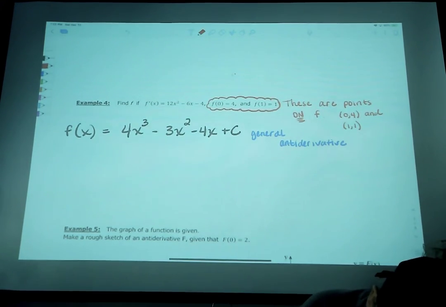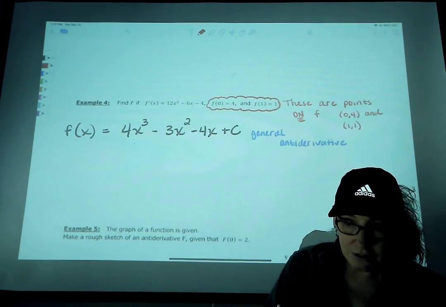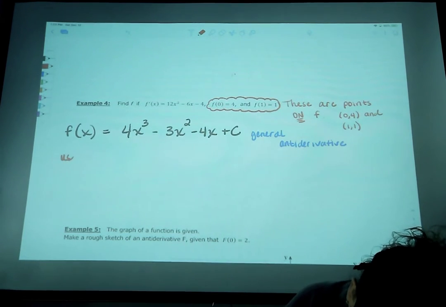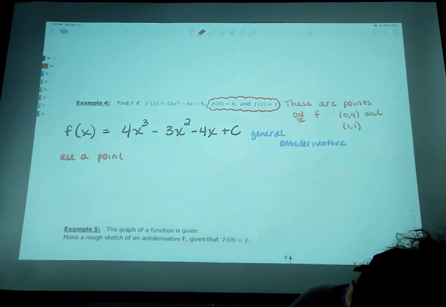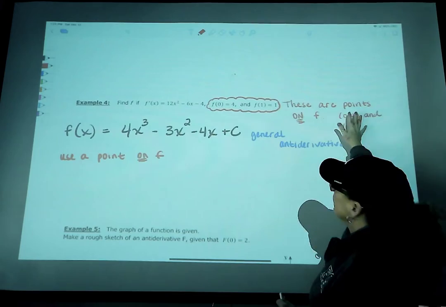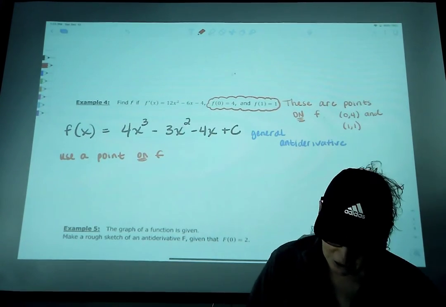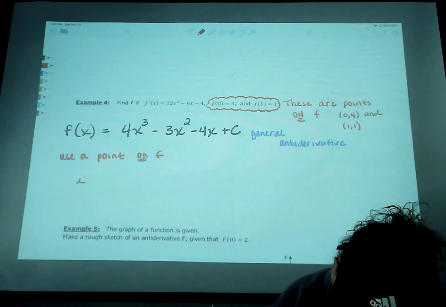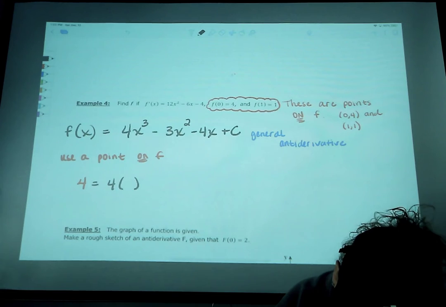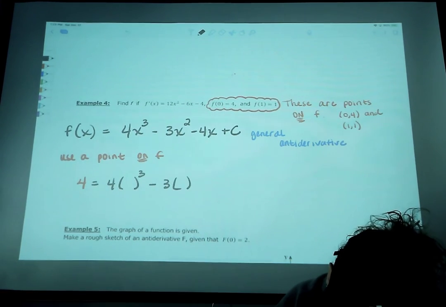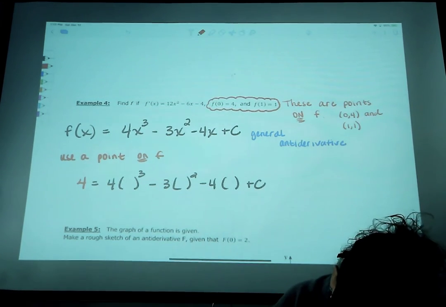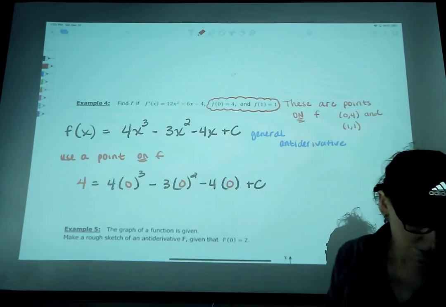Okay, so to find c, so that we know exactly what f is, we're going to use a point on f. And you can use either of these 2 points. I kind of like 0 the best, having an x value of 0. So I'm going to sub in 4 for y and 0 for x.